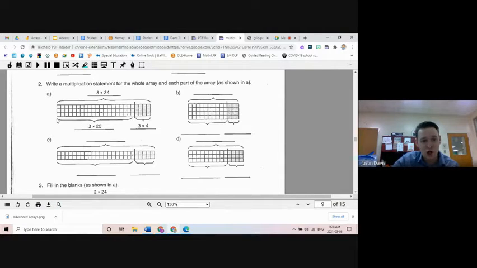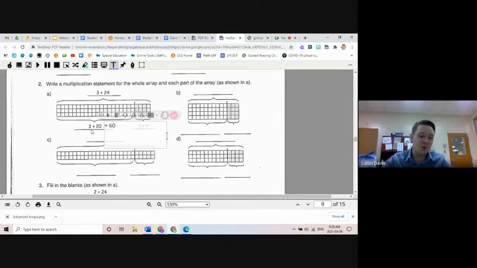So it wants you to show, okay, this section here is showing 3 rows of 20, and this section here is showing 3 rows of 4. If you were going to solve 3 times 24 using an array that was broken up like this, you would solve for those 2 different parts, working with friendly numbers.